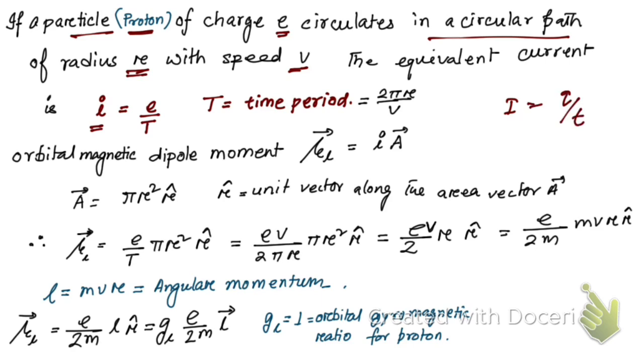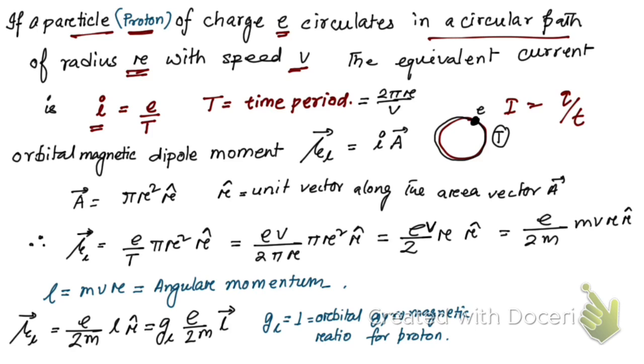So if we consider a circular loop, suppose this is a charged particle with charge e, and it takes time capital T to complete one cycle.